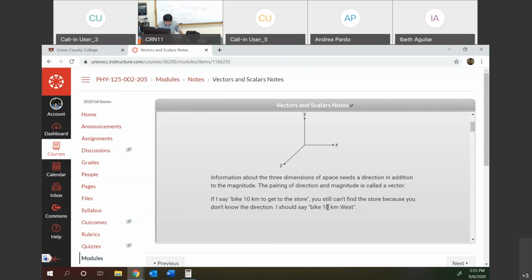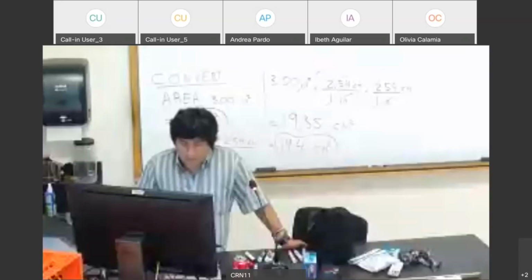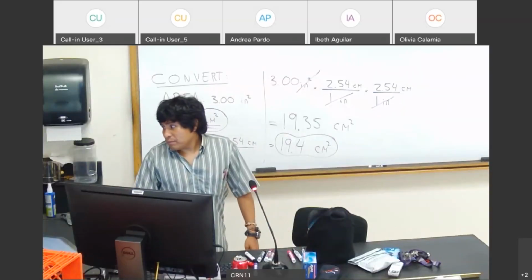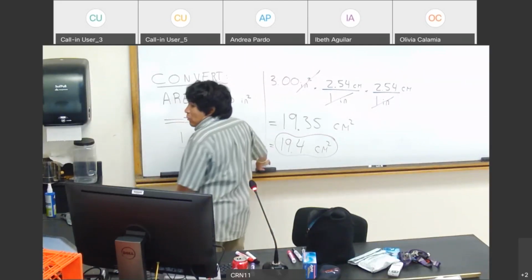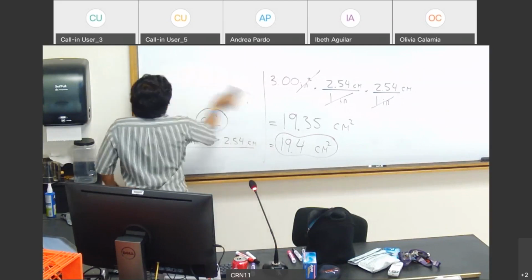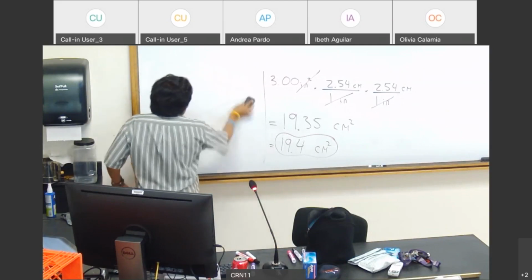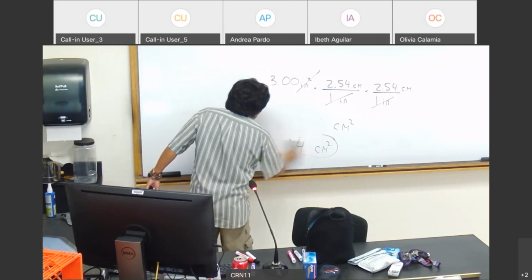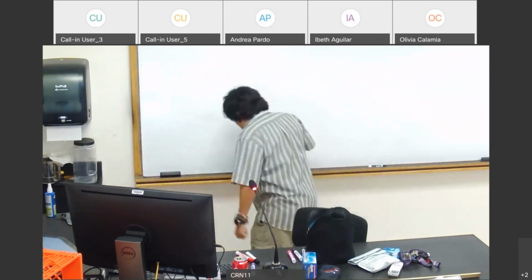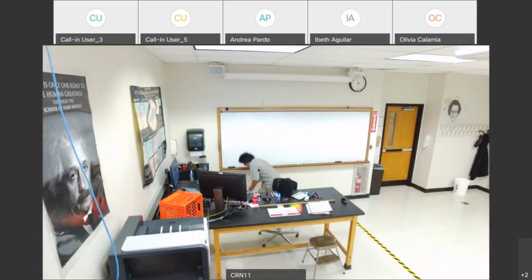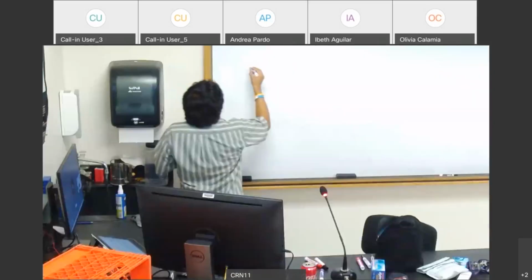Graphically speaking, a vector is represented by an arrow. Look at this. A vector is an arrow.